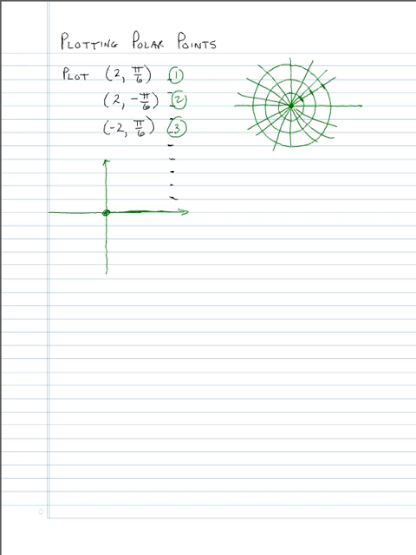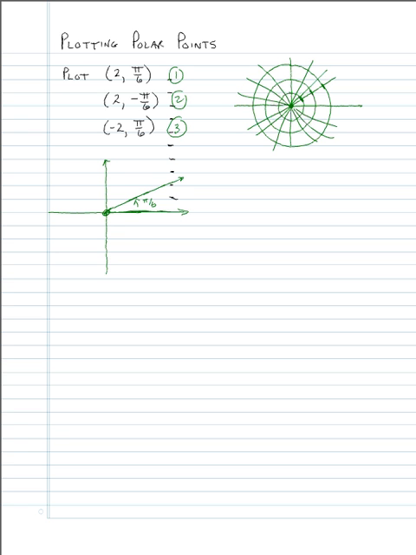So the way we plot a point in polar coordinates is that we first locate the angle. In this case, on number 1, the angle is pi over 6. And pi over 6, remember, is about 30 degrees. So I'm going to draw the angle in here, just roughing it in. That looks like about pi over 6, okay?